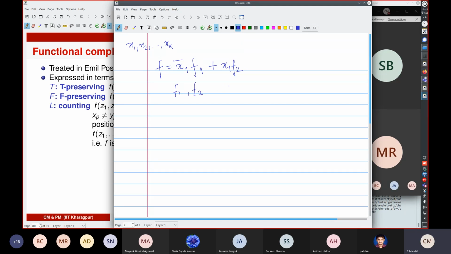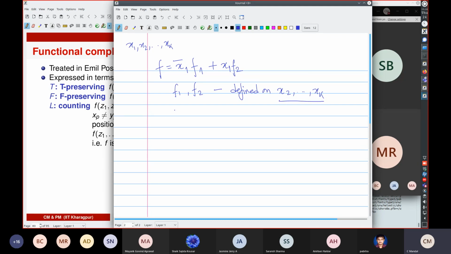These are basically defined on x2, ... All right.